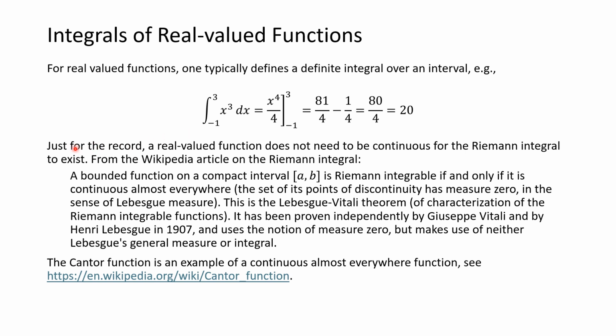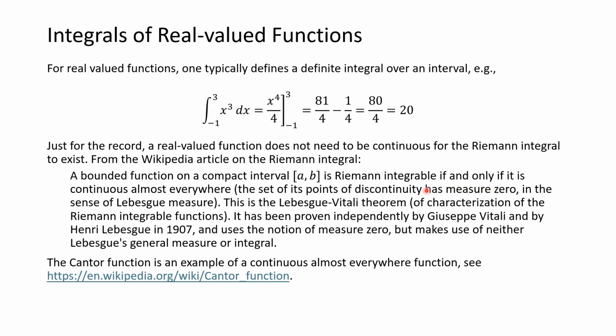Now also on this slide I have a bit of a diversion. It's not directly related, but I thought it would be of interest to know that real valued functions don't need to be continuous in order to be integrable. The condition is that you need to be continuous almost everywhere, where almost means except on a set of measure 0.